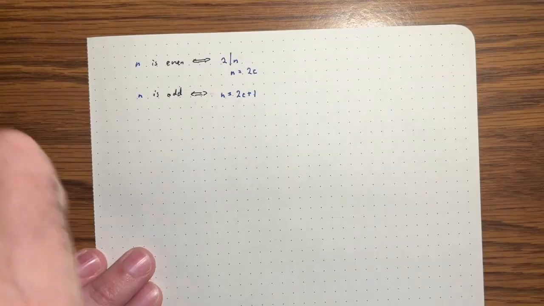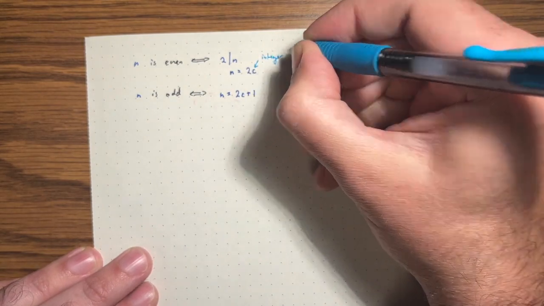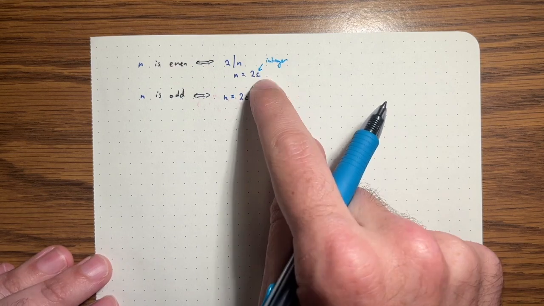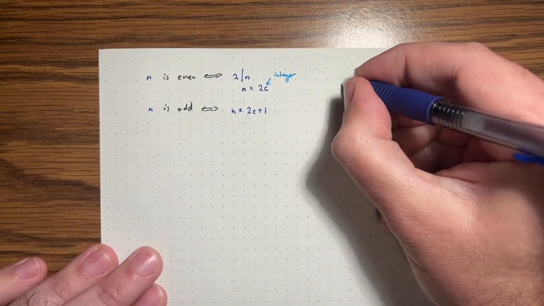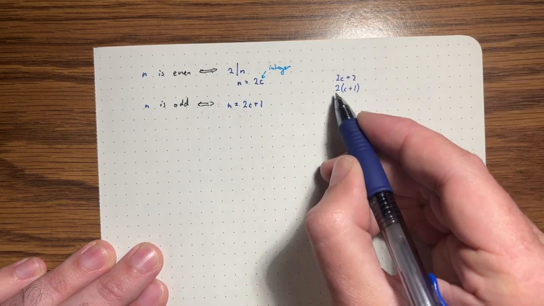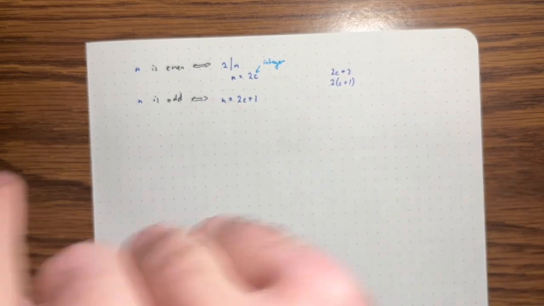So c here, very important, it's an integer. Okay. What about 2c plus 2? Well, that would be even again, right? 2c plus 2, you can just factor out a 2. And you get 2 times an integer, so that's an even number. This is how you should think about even and odd numbers.